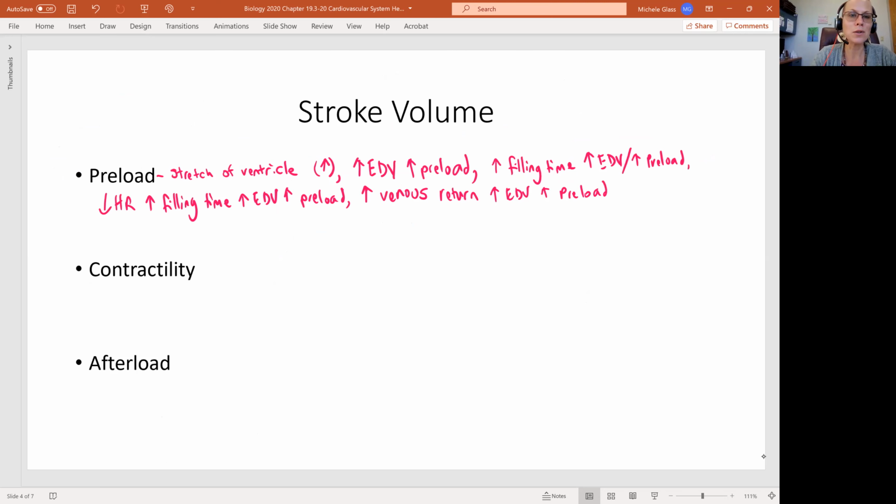Now, on some level, increasing your venous return is as simple as contracting skeletal muscle. We'll talk about this more toward the end of our playlist. But increasing that venous return is talking about just moving your body.